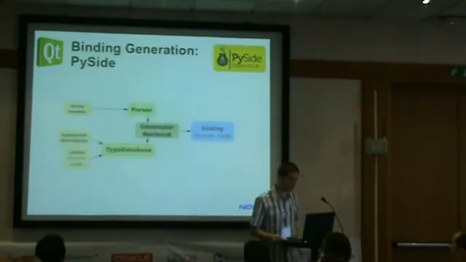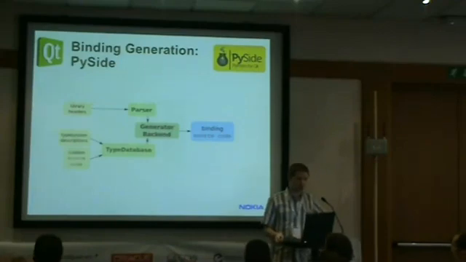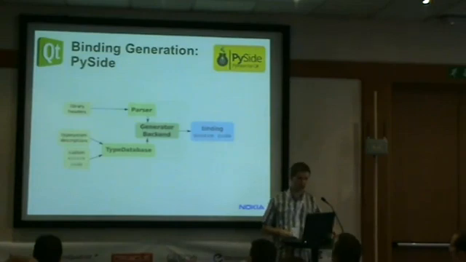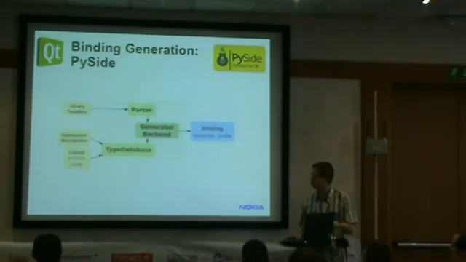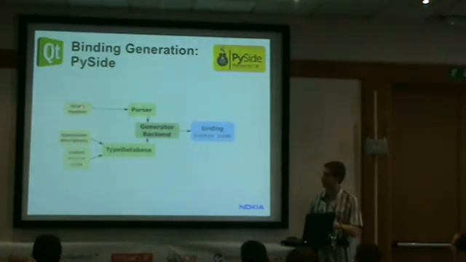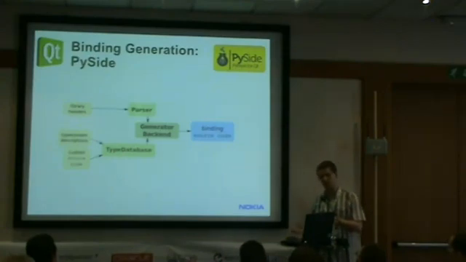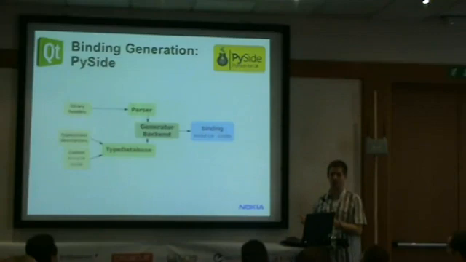Okay, and then back to PySide. PySide uses a somewhat similar code generation scheme as PyQt, but the internals are pretty different. We obviously also start from the Qt library headers, but then we also have a type system description, which is an XML language taken from the Qt Java bindings project Jambi, to describe the C++ idioms in Python or in some other language.